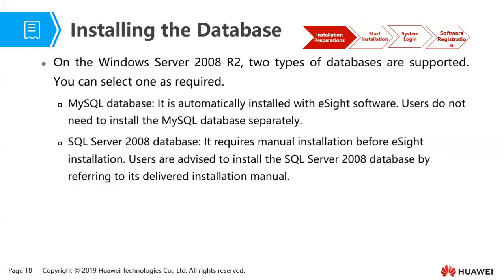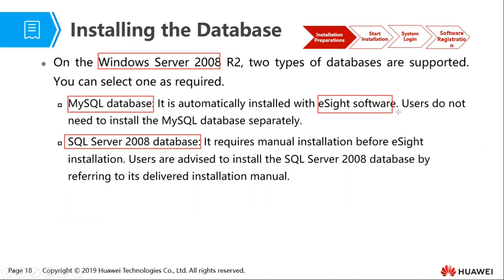So the next thing is on installing the database. So let's begin with Windows. When your operating system is Windows Server, you can either use the MySQL database or the SQL 2008 database. Now, MySQL database automatically comes with the eSight software.